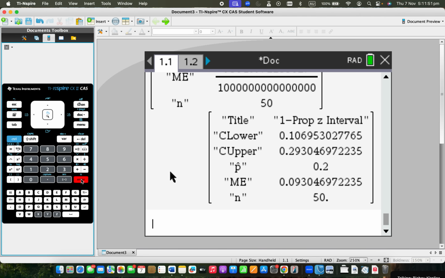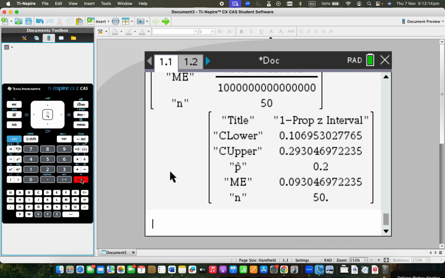Now, if we want our interval to be wider, we want this to be smaller and this to be bigger, meaning that for it to be wider, p hat just has to increase, it has to be bigger than 10.